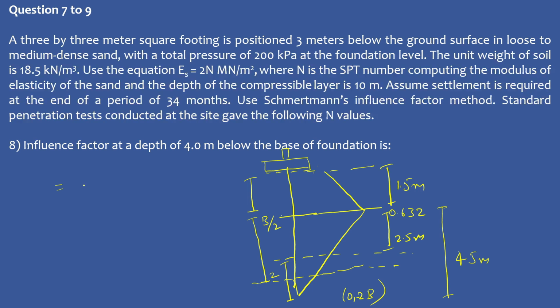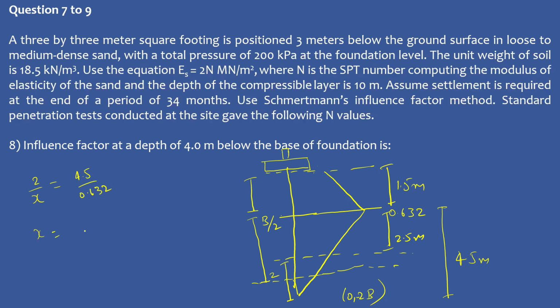So 2 by X, and then you are having, we know the I max, sir. Yeah, so 0.632, right? Below that, 4 will come. 4 meter means it will come below that.